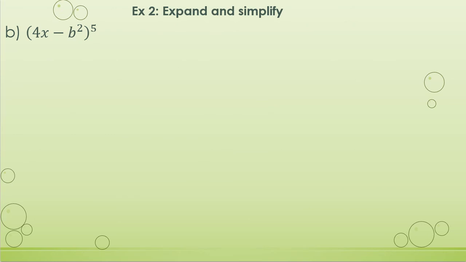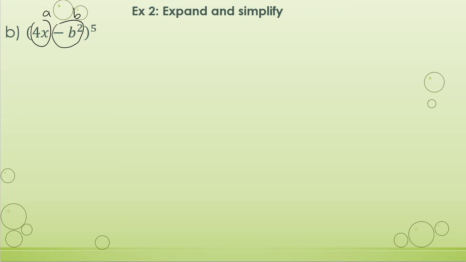Our next one. So we're kicking this up another notch. Not only do we have not just x and b or a and b, we have 4x, so this whole thing is my a. We now have a negative and an exponent. So that negative b squared is actually your b value.